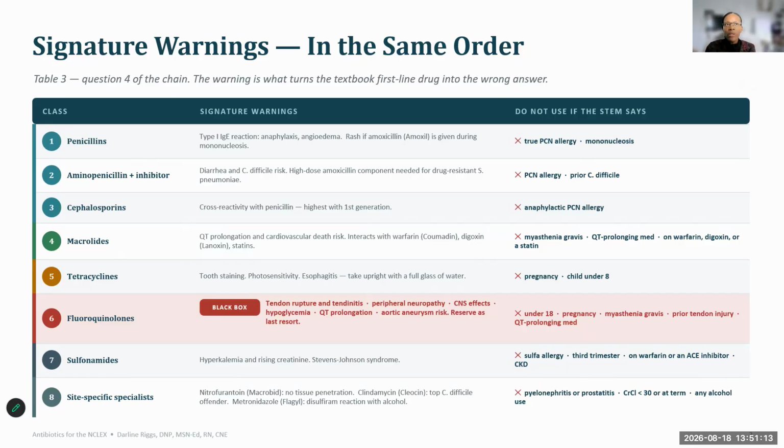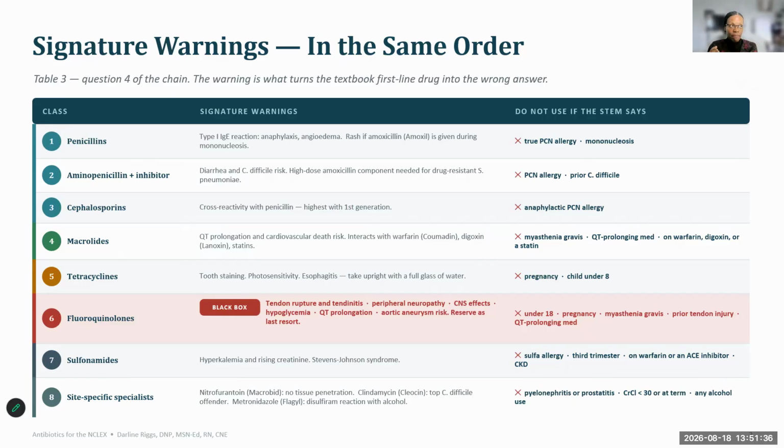So we're not going to use any macrolides if there's a history of myasthenia gravis. Again, we have an EKG with QT prolongation, or we do a medication reconciliation and we see warfarin, digoxin, a statin. Yeah, nope. Get rid of the macrolides. Okay.